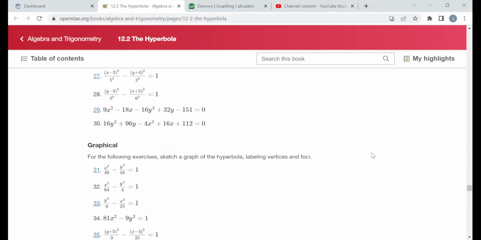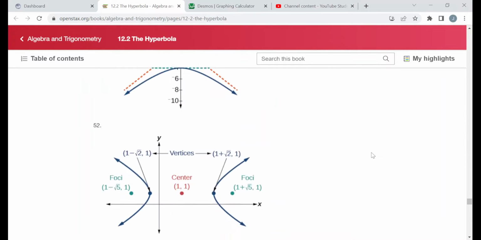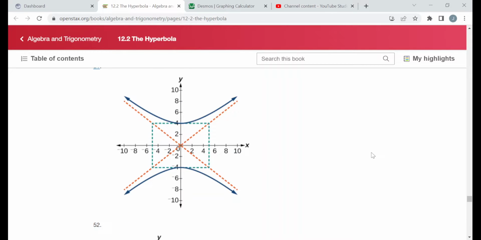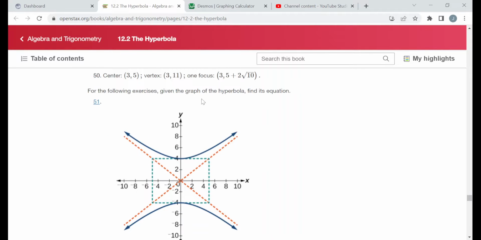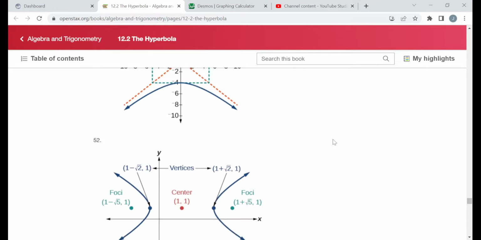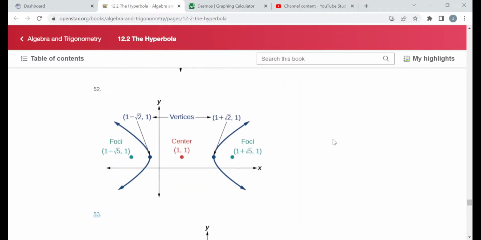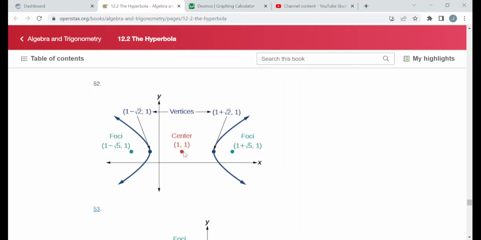And I want to go to exercise 52. And here we're given the graph of the hyperbola, find its equation. So again, this is no different than the ones I just did, but now we have a picture, that's all.